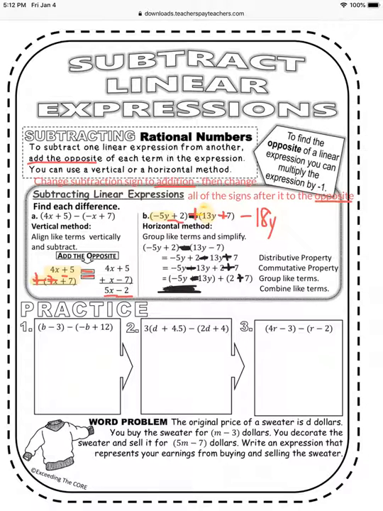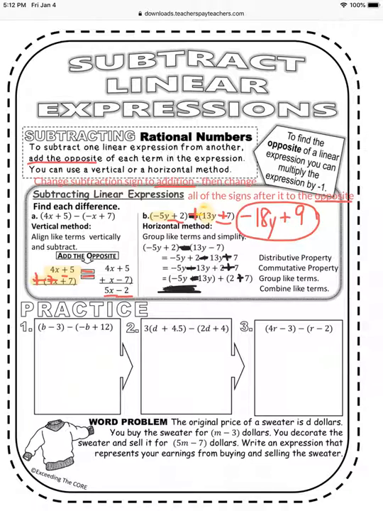I have a positive 2 and a positive 7, and I get positive 9. So once you change the sign in the middle to an addition sign and make the numbers after it the opposite, you just follow the rules for adding. There's my answer, negative 18y plus 9. They go through a long process. You can look at it and do it their way if you'd like, but I think my way is easier.